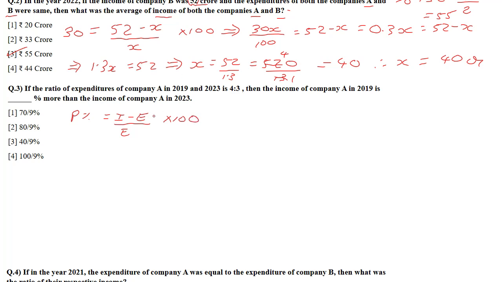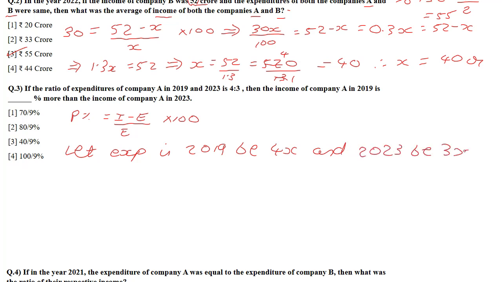And what we are going to do is we're going to say let expenditure in 2019 be 4x and 2023 be 3x.